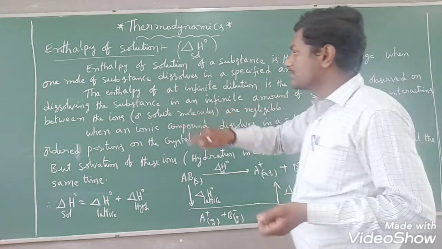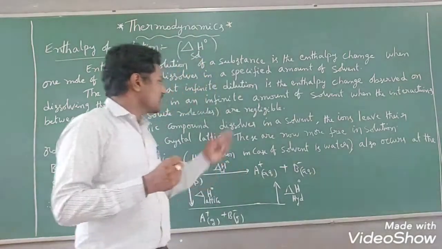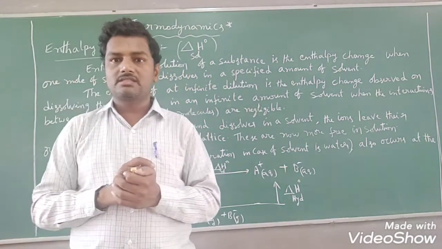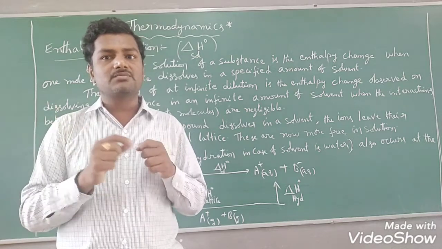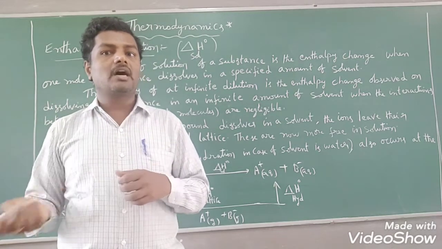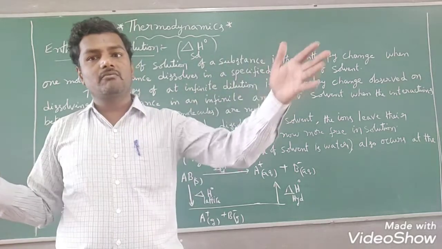The interactions between the ions or solute molecules will become less or negligible, students. On dilution, the interactions between the ions may be considerable, but on infinite dilution the ion-ion gap will be very large.